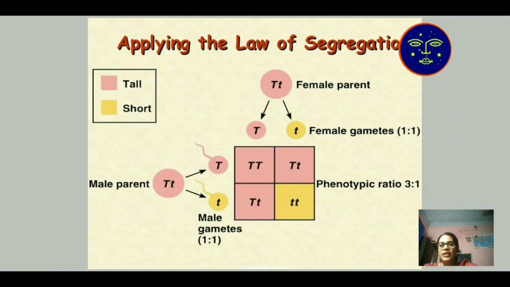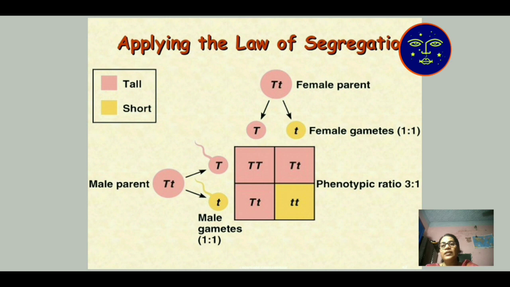Applying the law of segregation, he takes the female parent as capital T, small t along with the male parent capital T, small t. So the phenotypic ratio is 3:1. We say that all are tall plants, where the separation of recessive characters is there.